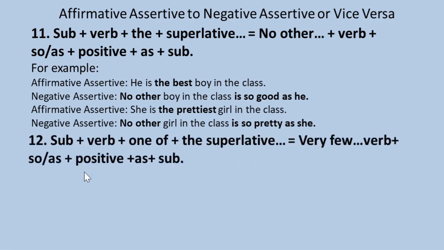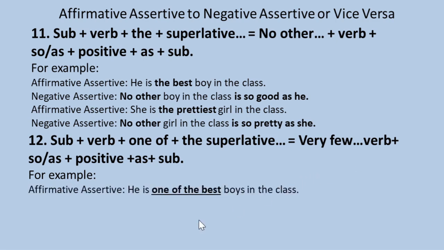Rule number 12: subject verb, one of the superlative will be transformed with very few verb, so positive as subject or as positive as subject. Very few always follows a plural verb because very few follows a plural noun, that's why we have to use a plural verb.